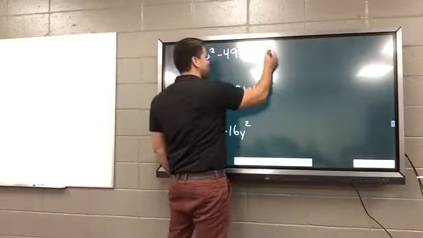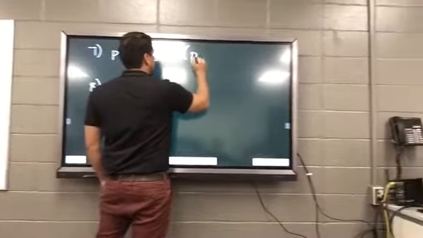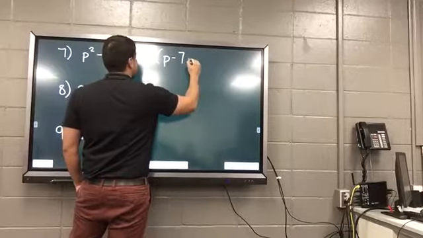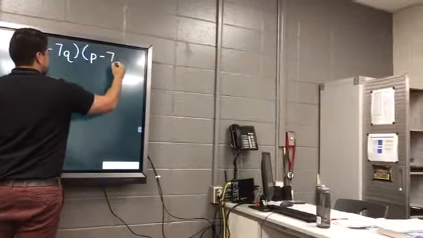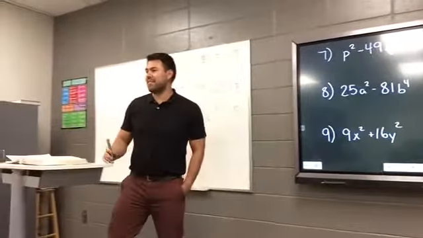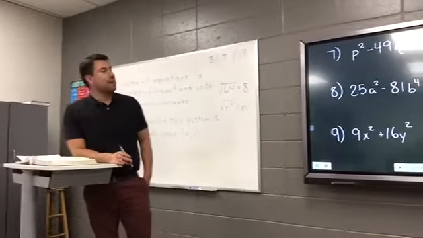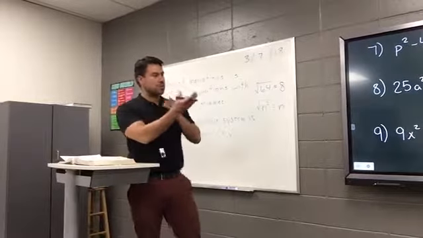For your factored form. P minus 7Q times P plus 7Q. How many of you got that? And again, those binomials could have been switched.